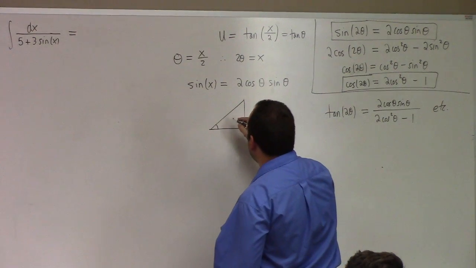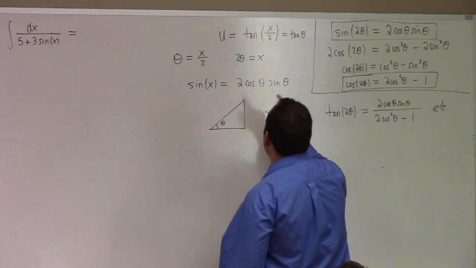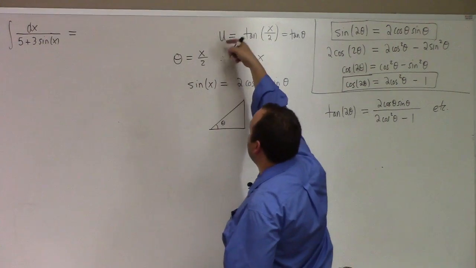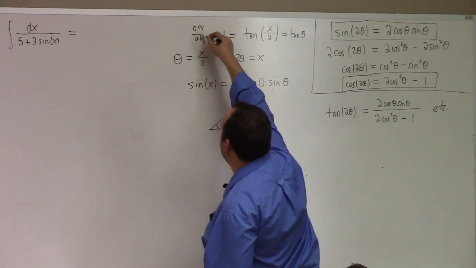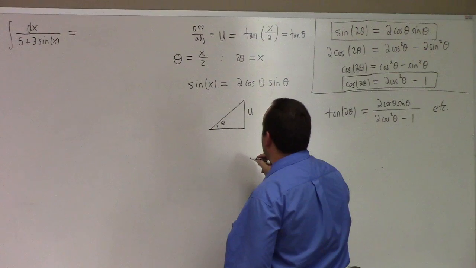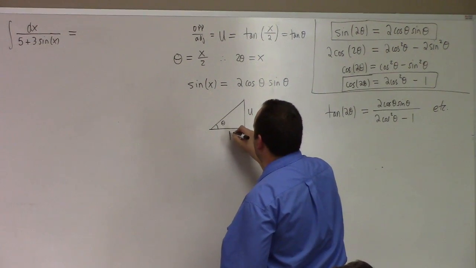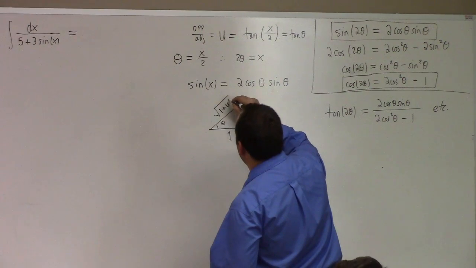So you draw this little triangle here, theta. That's tangent. So tangent theta is u, which we can think of as opposite over adjacent. So I've got an opposite of u. What's the adjacent side? Use your imagination, there's a 1 here. Over here, square root of 1 plus u squared.